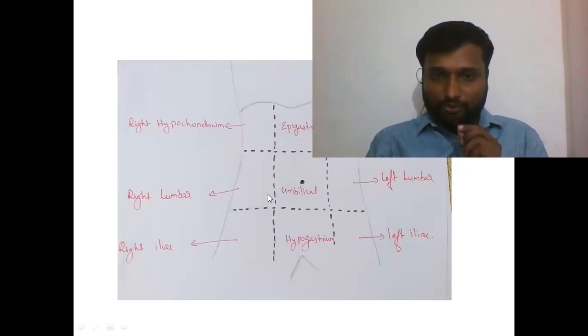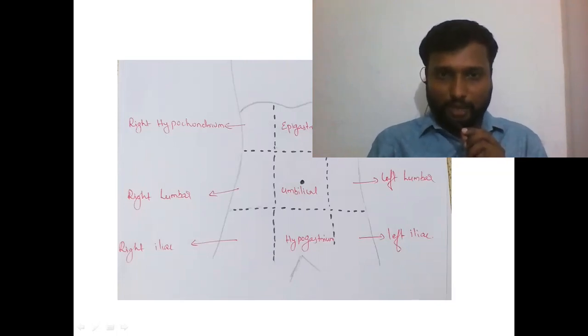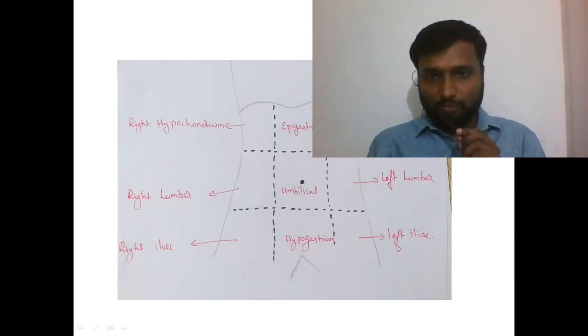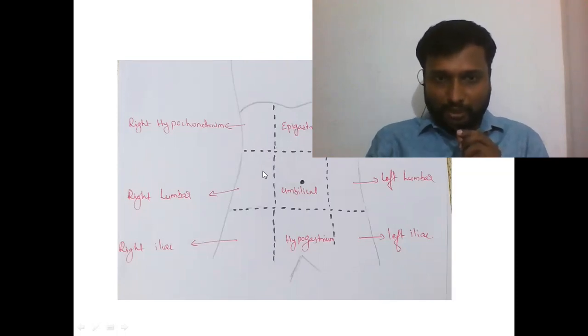Now this abdomen, which I already told you, is divided into 9 compartments by 2 vertical lines and 2 horizontal lines. Now what are the compartments? This is the right side, and this one is the left side. So right hypochondrium, then epigastrium, left hypochondrium, then right lumbar region, umbilical region, left lumbar region.